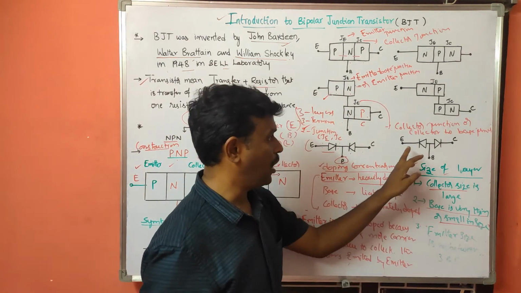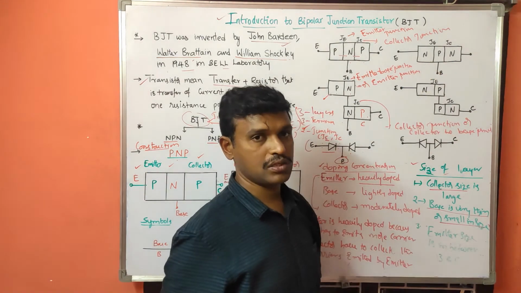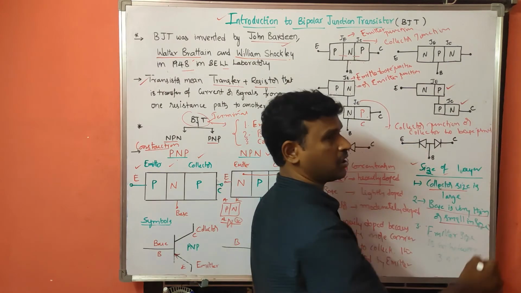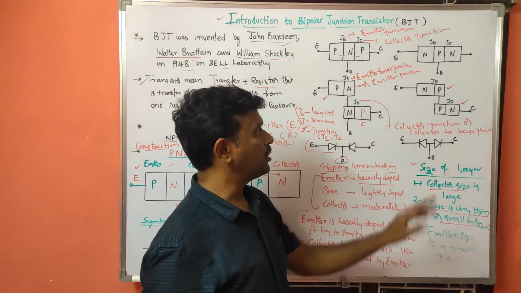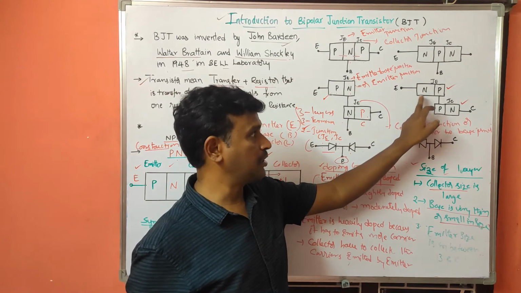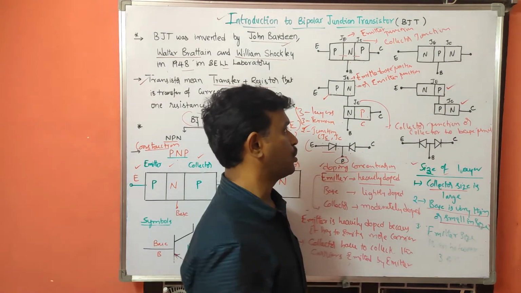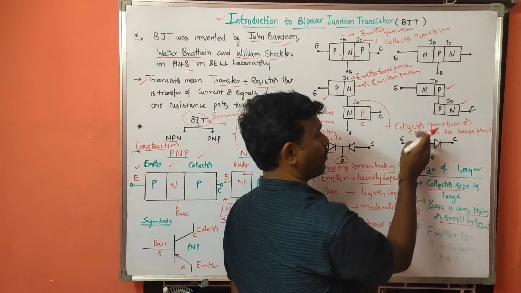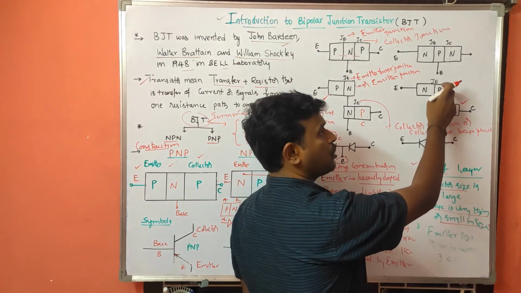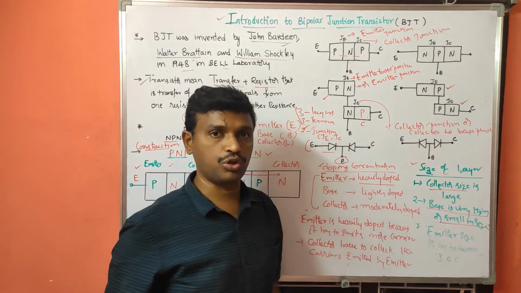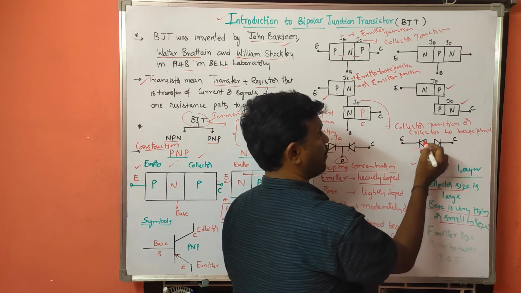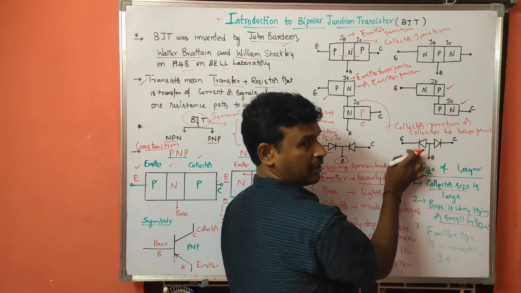Now we have another one, the NPN transistor. The NPN transistor also consists of two junctions, the emitter junction and the collector junction. Here the emitter junction is formed between N and P, that is emitter and base. The emitter is N type, so I represent that with the cathode, and here we have the P type, so I represent that with the anode.